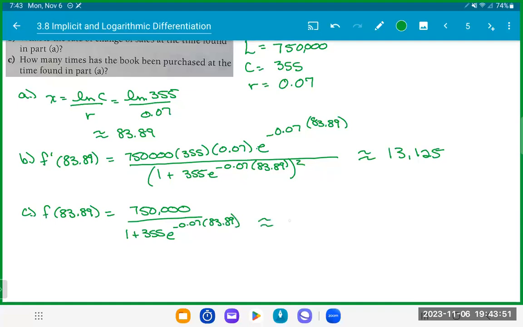And that's going to give us a value of 375,000. So that tells me that the book has been purchased 375,000 times after the 84th week. Okay. Questions?